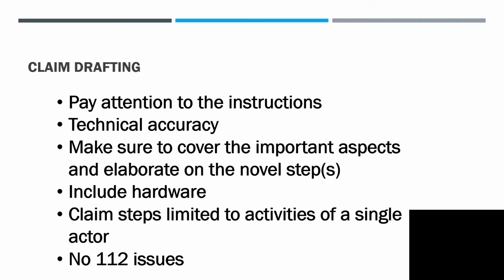So let's move on to the next thing, and that's including hardware in the claims. So as you know, if you have a claim that doesn't have any hardware in it, there's a likelihood that a patent examiner may say that the claim might be implemented in somebody's head or with a piece of paper and a pen.